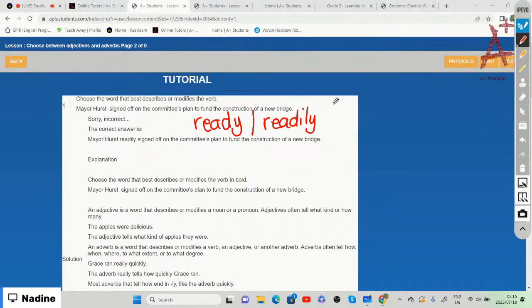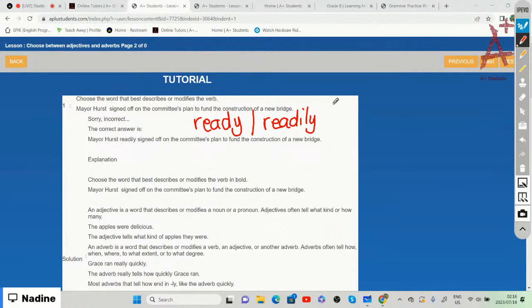In this case, we need to choose the word that best describes or modifies the verb, which is, of course, the adverb. So we need to determine which word is an adverb and which word is an adjective.